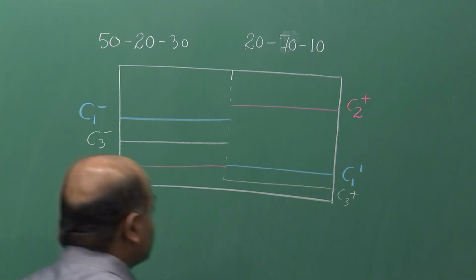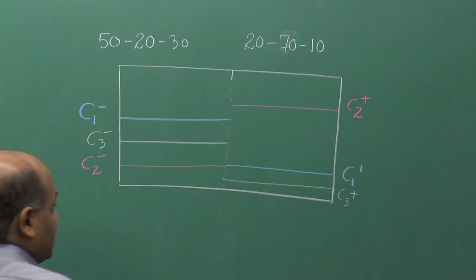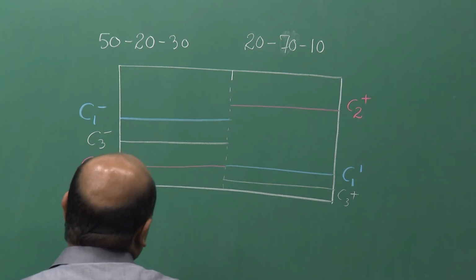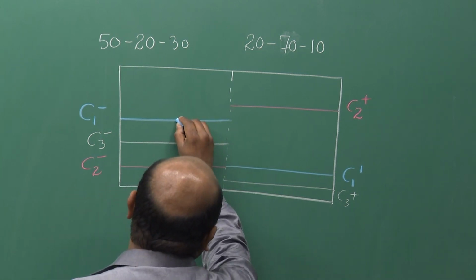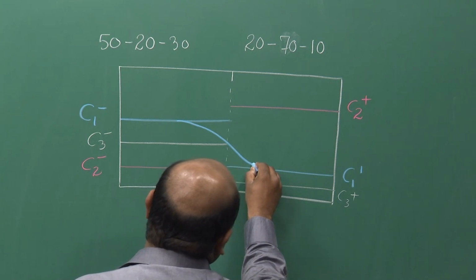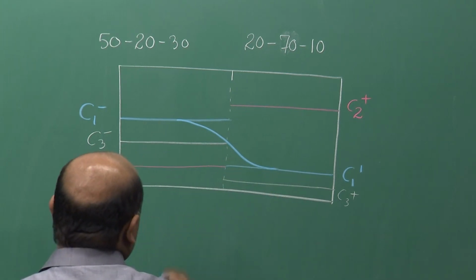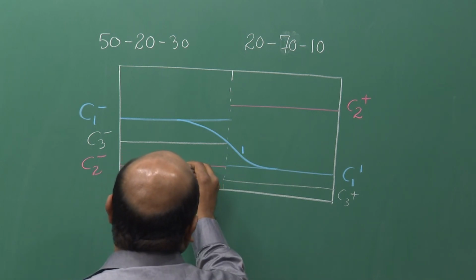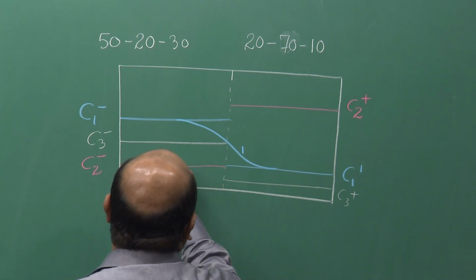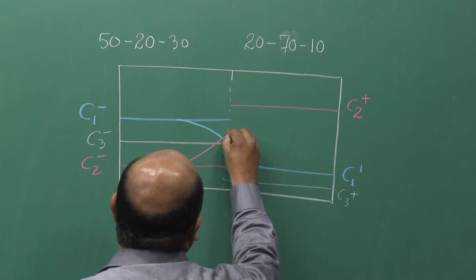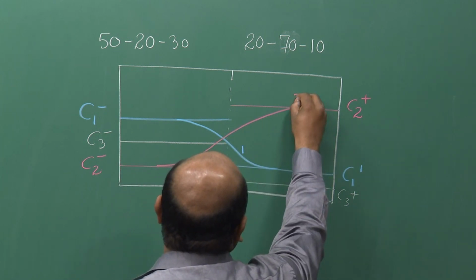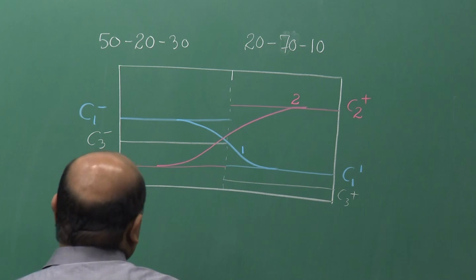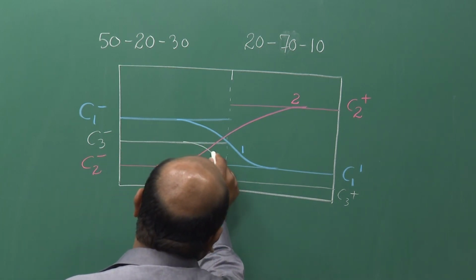So, after diffusion annealing for certain time, it will develop the concentration profiles. This is for 1, this is for 2, this is for 3.